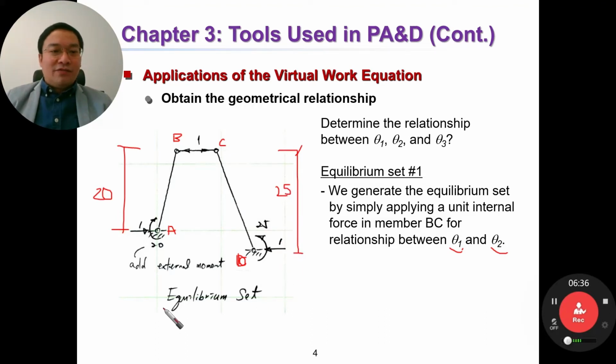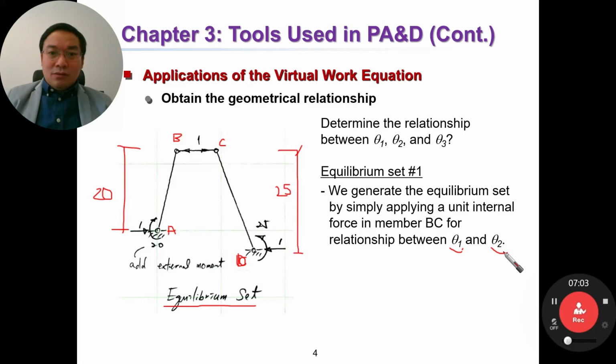So now we have the equilibrium set for this assumption. And remember, combining this equilibrium set with the displacement set, we can determine the relationship between theta 1 and theta 2.